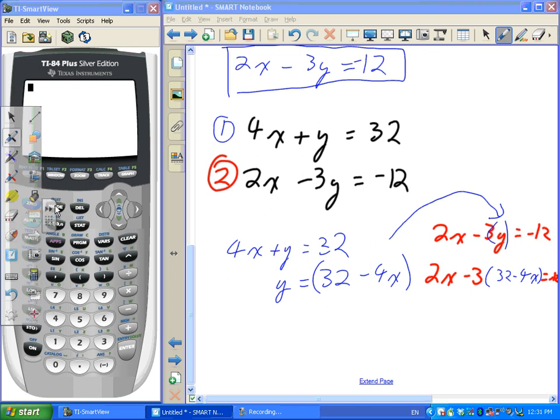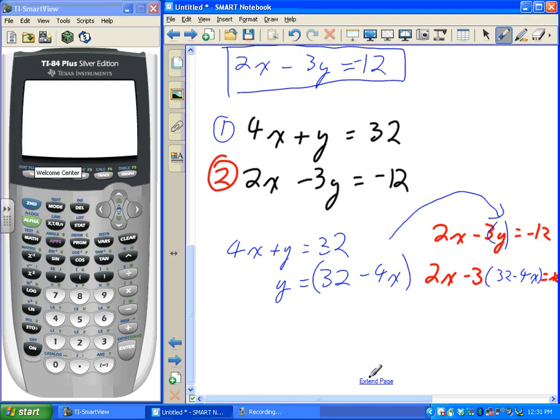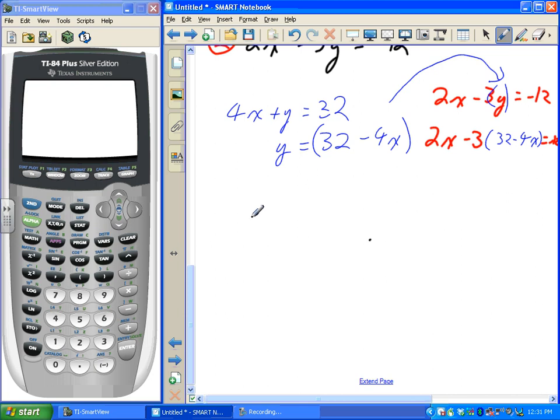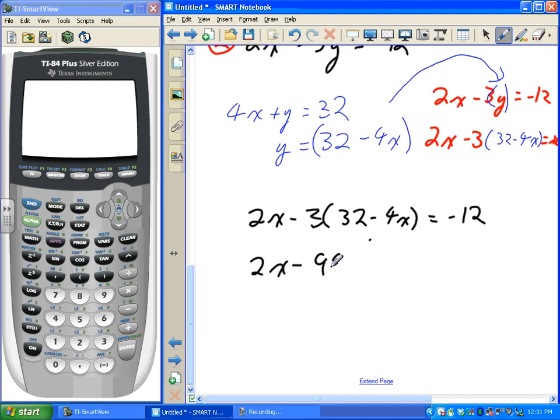We'll write that in black in the middle now, so it's a little easier to deal with. 2x minus 3 times 32 minus 4x equals negative 12. We're going to distribute the 3, so I get 96, and then plus 12x equals negative 12. I'm going to combine my like terms, so I'll get 14x minus 96 equals negative 12.